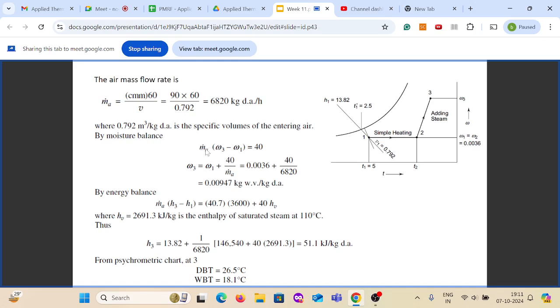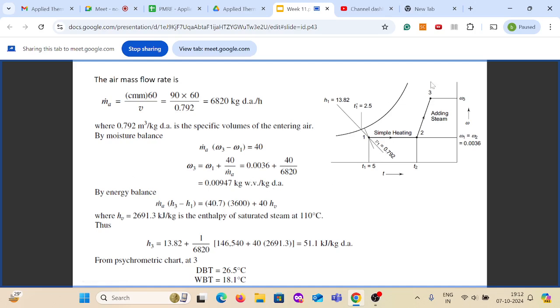The mass of air is 6820 kg of dry air per hour. From this we can find out omega 3, since we know omega 1. Omega 3 is omega 1 plus 40 divided by the mass of dry air. This gives you omega 3 as 0.00947 kg of water vapor per kg of dry air.